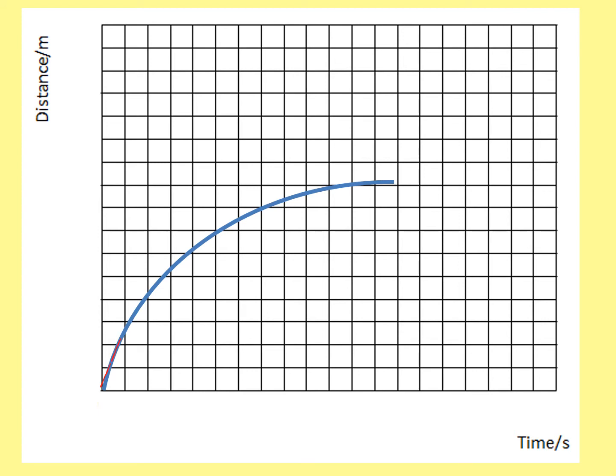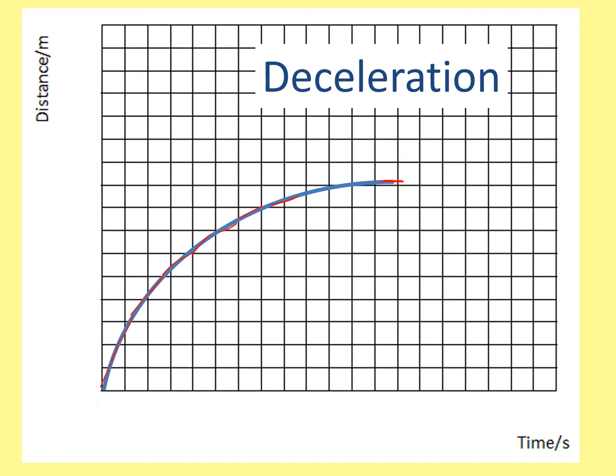So you can see that as we go up, the gradient of the red line that I'm drawing on top is getting less and less and less. And eventually up here, the gradient is 0, and that shows that the car or object is stood still. This shows an object slowing down. It's getting slower and slower and slower. And in physics, we call this deceleration.